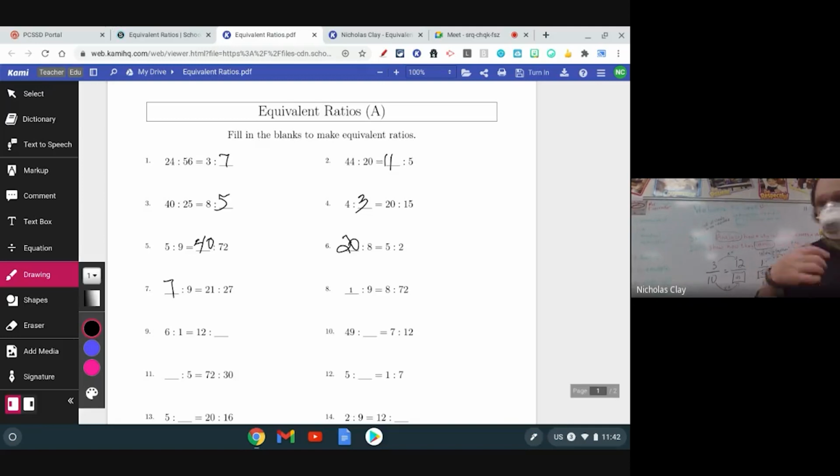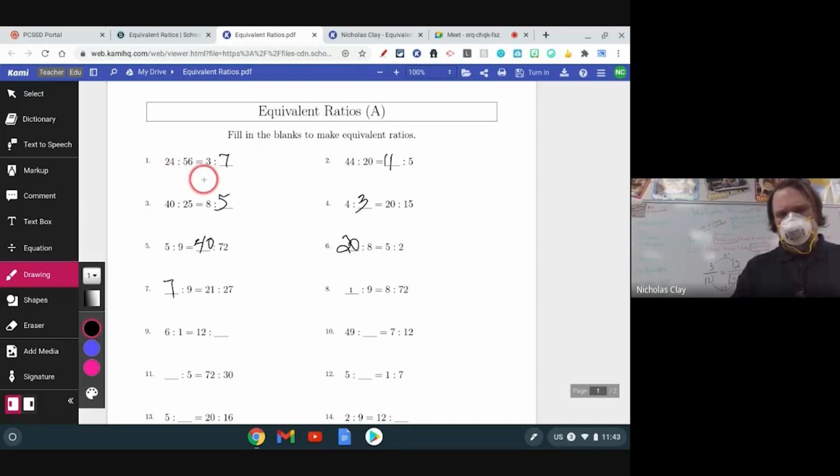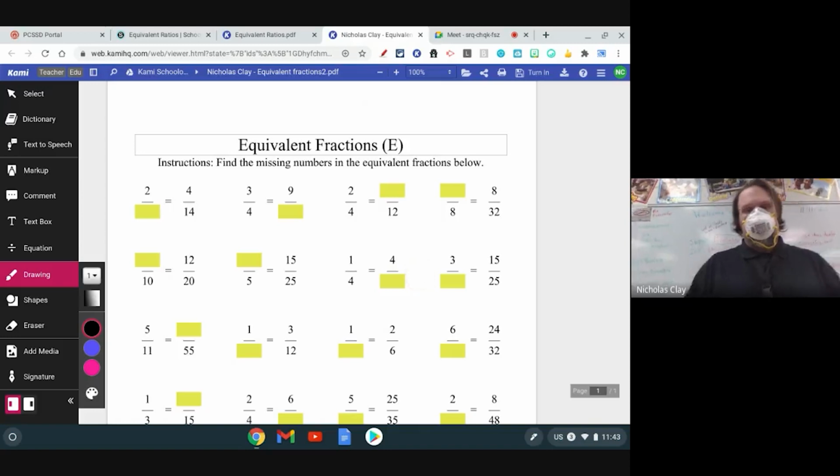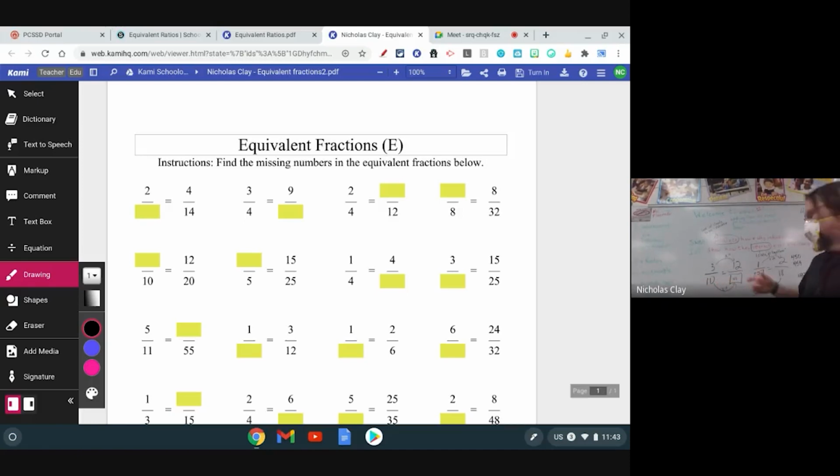Equivalent ratios are the same thing. They just use different things in the middle. And you find the missing number the same way. So it's kind of circular. If we multiply to go from left to right, you divide to go from right to left.